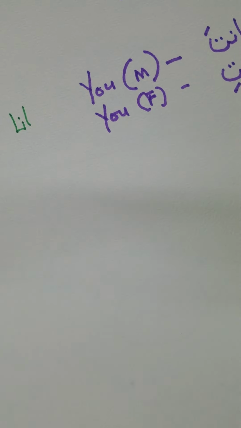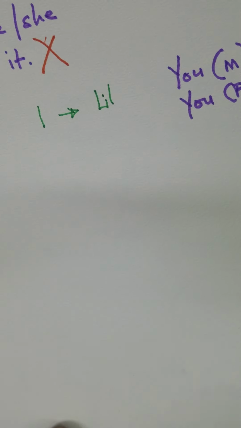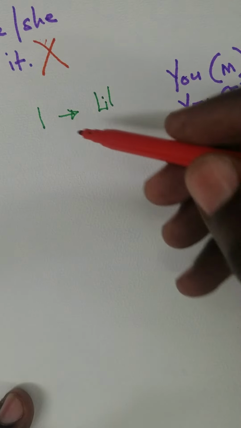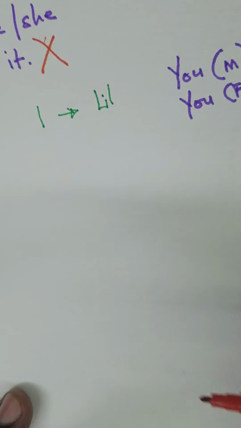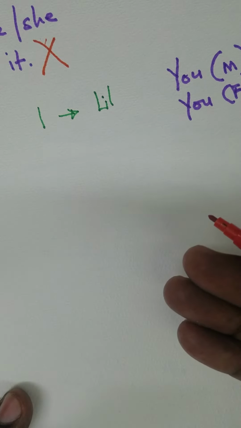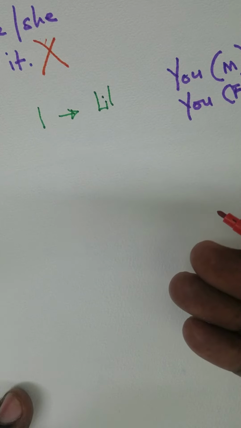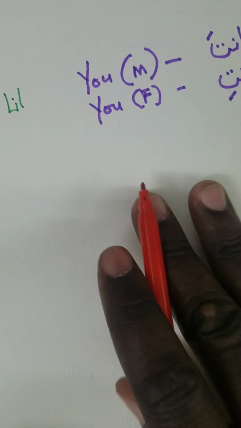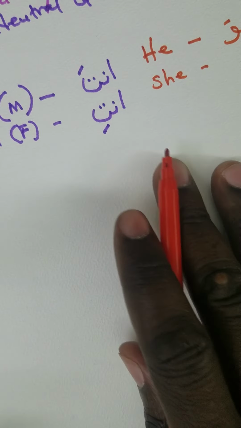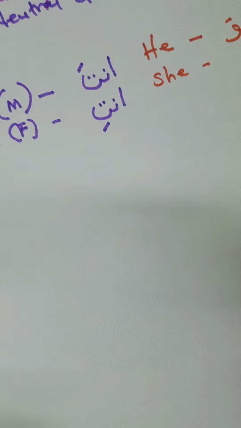It is easy, but you need to look at, now this is singular. Singular, because if it's plural, where you'll see I, it will be we. You will remain you. So we shall get to the plural at some point.